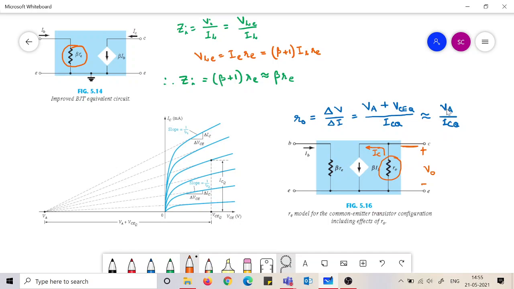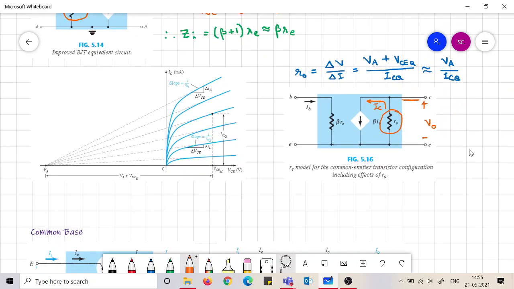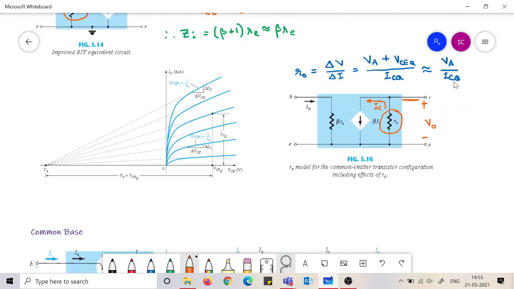VA is constant. This is an approximation of course, but quite a valid approximation and it works. RO becomes very high in any case. VA is also very high. This is not to scale, it may be very high actually. IC also is quite small, in milliamperes, right? So RO is quite high.